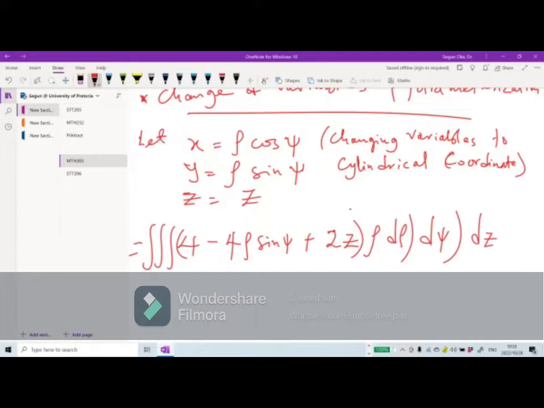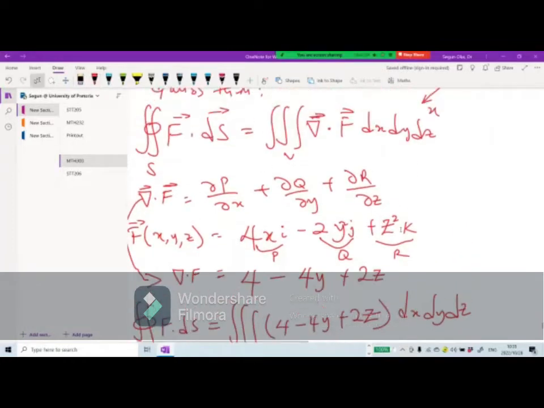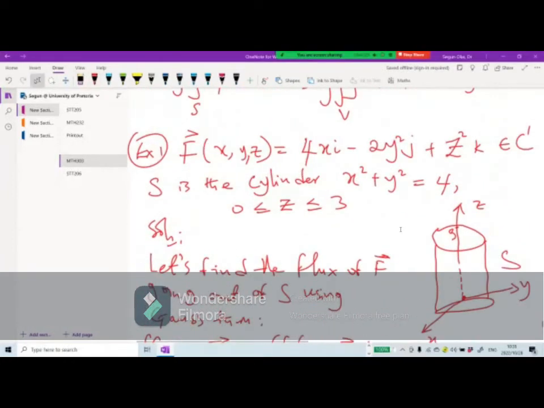But in this case now, I can do it this way. The first one, the limit will be from 0 to 2, while the second one will be also 0, which is psi. We're talking about a circle now, because what we are given is in the form of a circle equation.